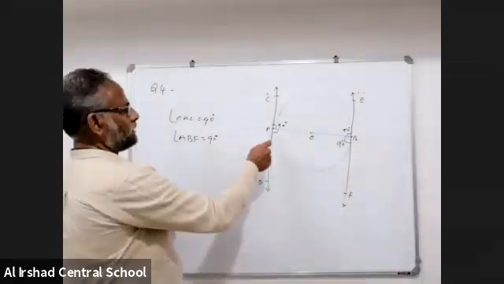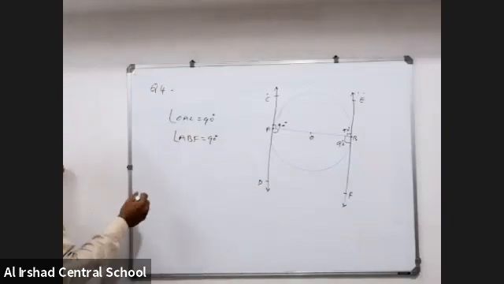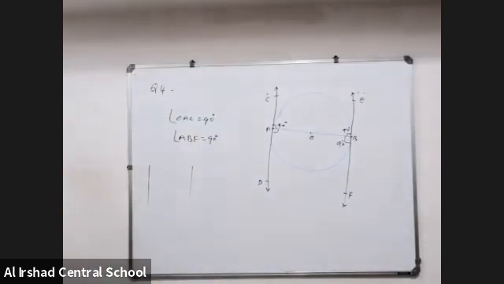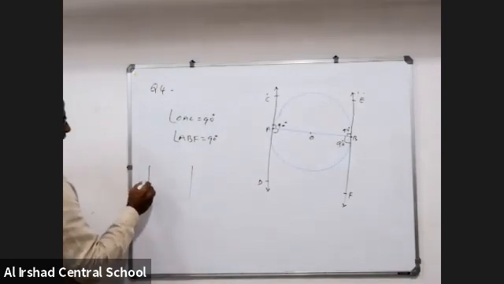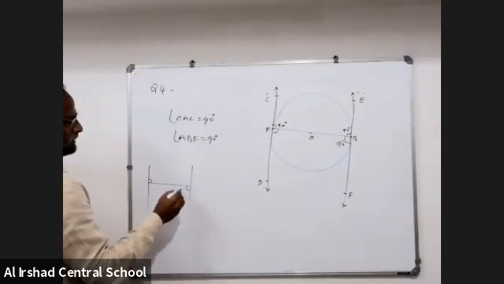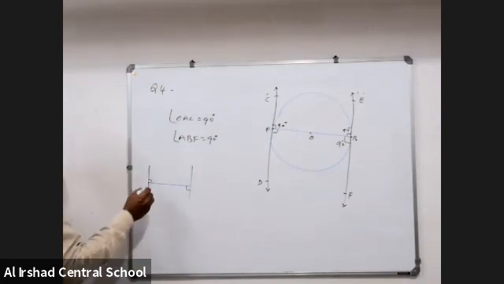So AB is the transversal. Look here, two lines. We don't know they are parallel lines, but one thing is very clear: it is 90 degree, it is 90 degree.